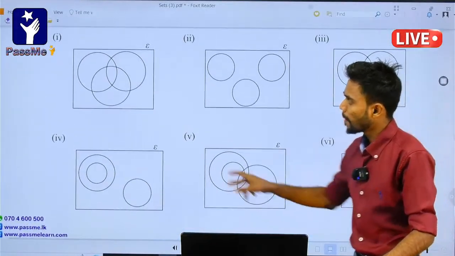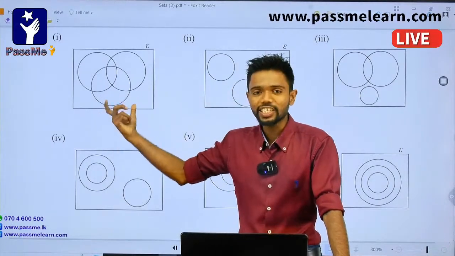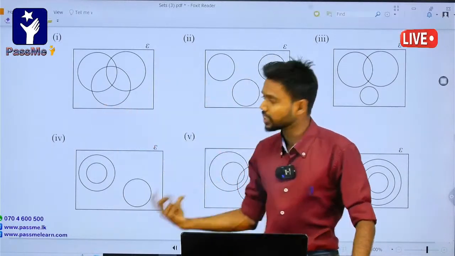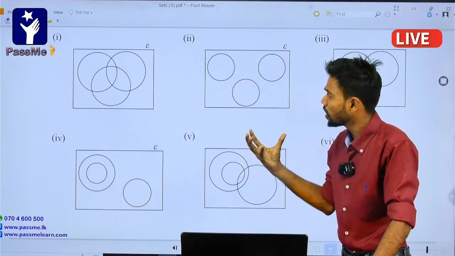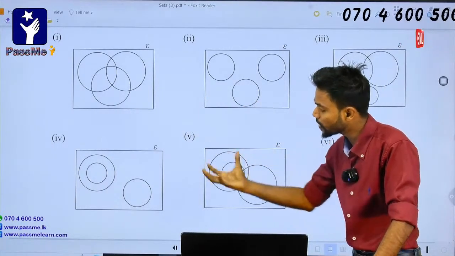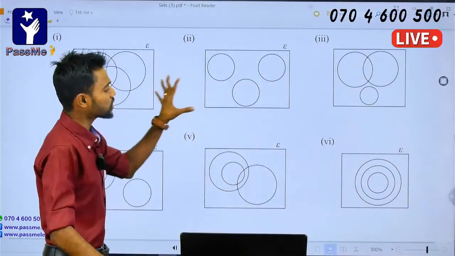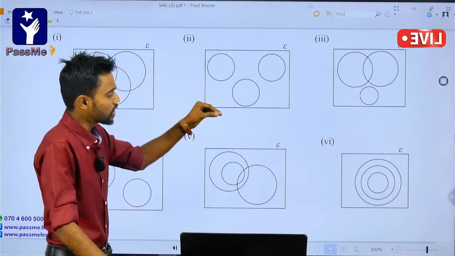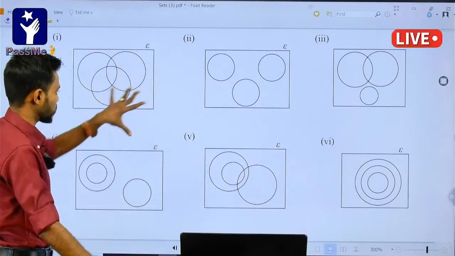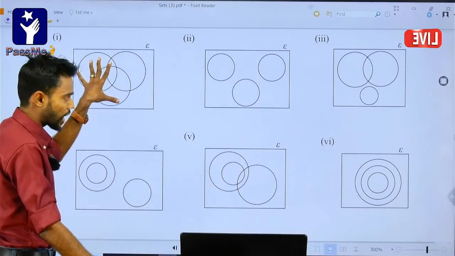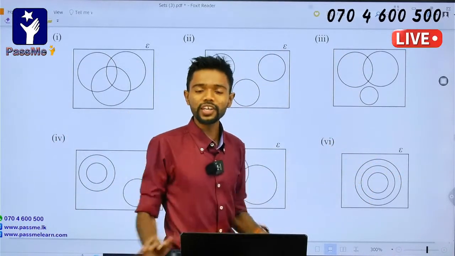You can see in the first one there are 3 circles, but the arrangement is different from the other. Here also there are 3 circles, but how they are arranged is totally different. So by changing the location of the circles, the question also changes. If you use this Venn diagram and this other Venn diagram, they are totally different.